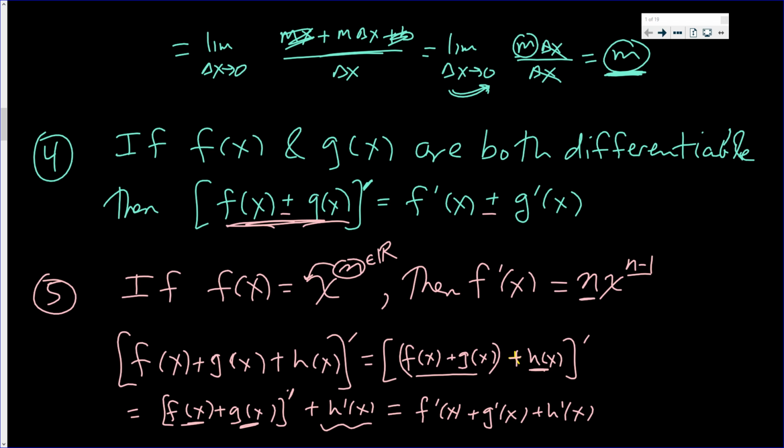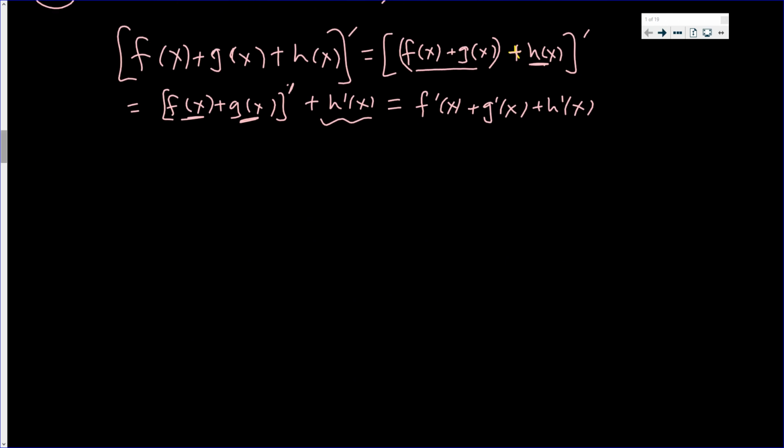Okay, so let us take derivatives. Suppose that f of x is equal to 3x cubed minus 2x squared minus 7x. So f prime of x.